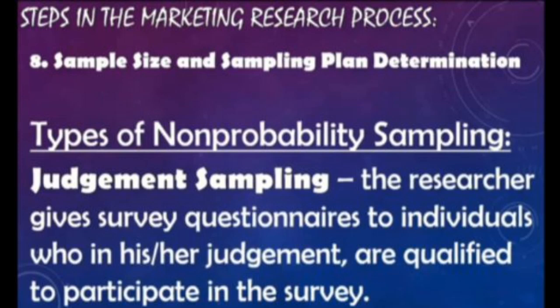The good thing about judgment sampling is that it depends on the researcher whom she will give the survey questionnaires to, those she thinks are qualified to participate in the research study. But this type of sampling technique is too vague or might not be valid, because it depends on her instincts and judgment.